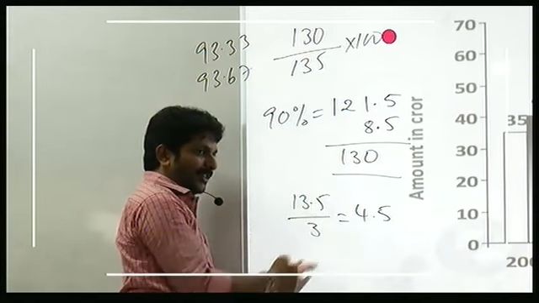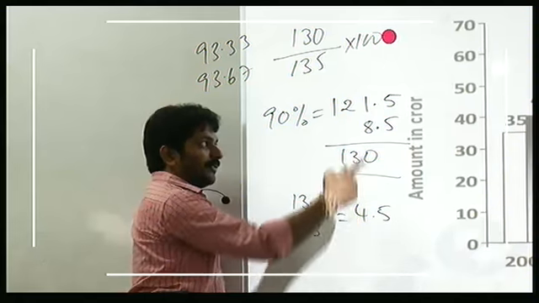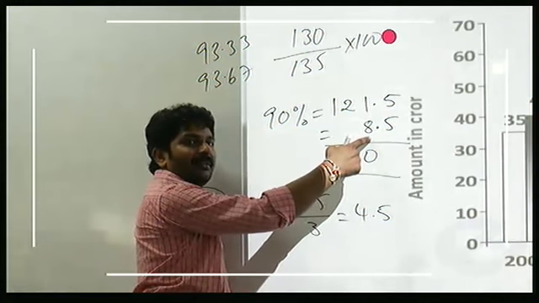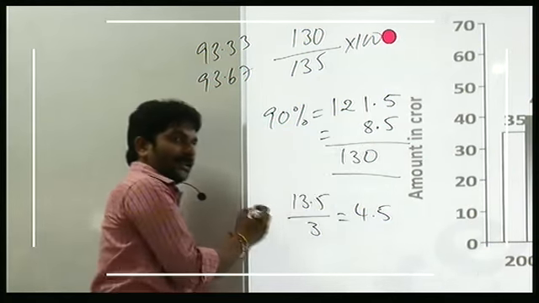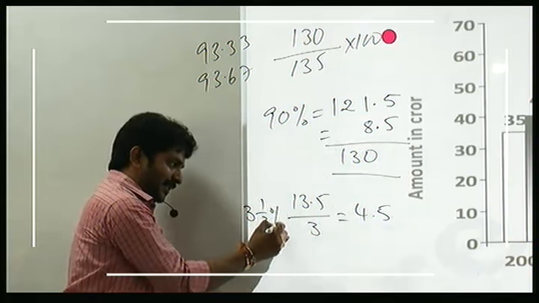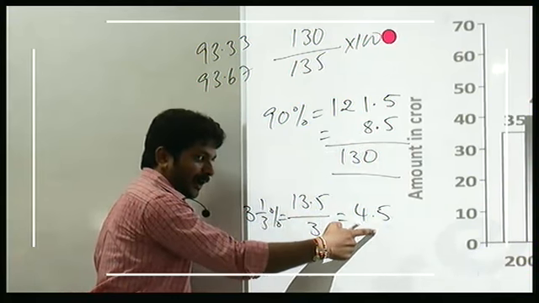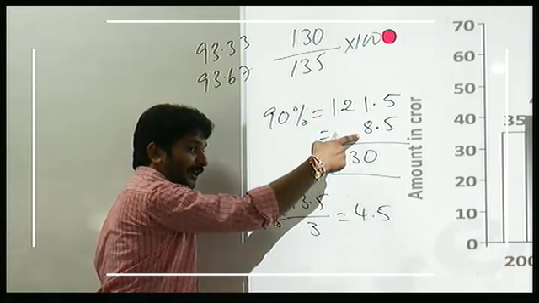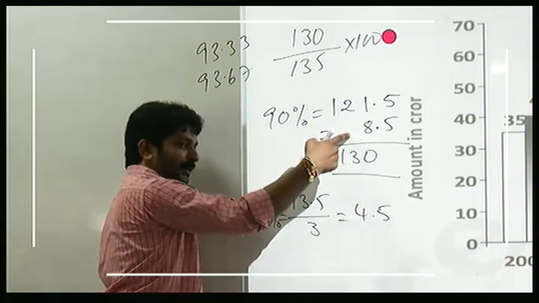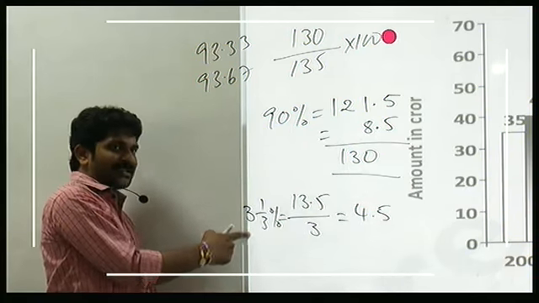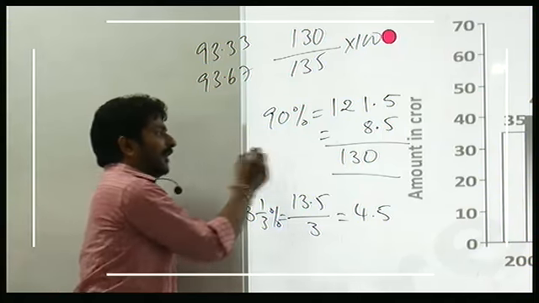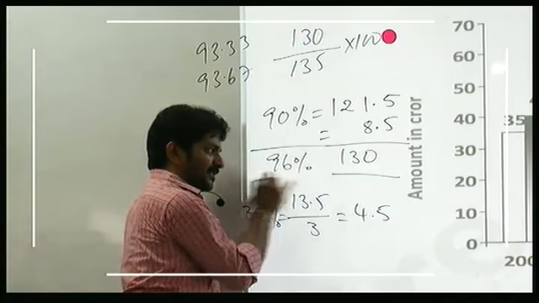This is 3 1/3%, which is equal to 4.5. You need to add 8.5, which is almost double. Almost double in the sense 6 2/3%. Definitely the answer will be 96%.